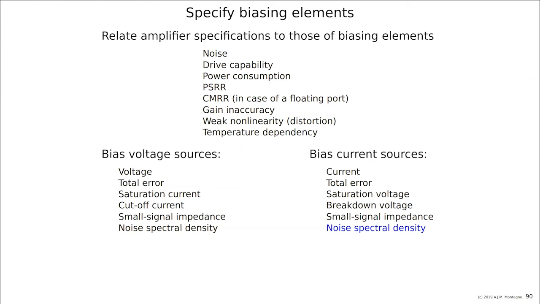We know if this is, for example, a current source biasing the input stage, that any noise provided by that current source will be in parallel with the input stage noise itself. It will just simply add. So the rule is it must be much smaller than the noise of the first transistor itself.